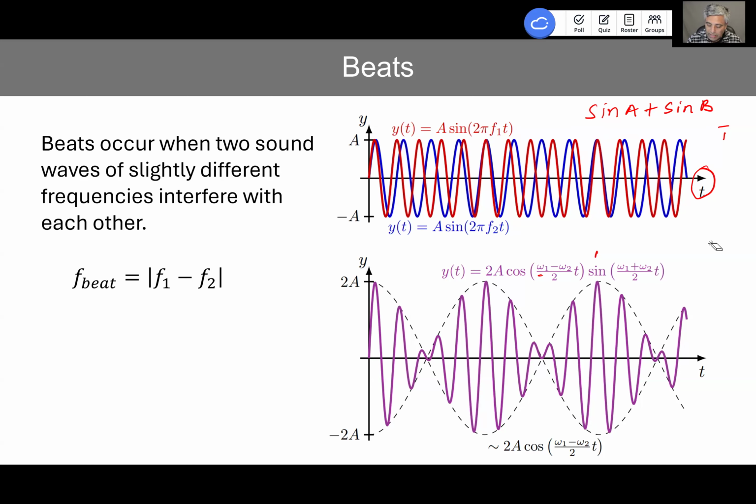Or another way to look at it, which I think is the better way: these are superposing. We talked about the principle of superposition of waves last class. This peak is almost matching over here, these peaks are matching very closely, so that's why you get the highest amplitude here, 2 times A.